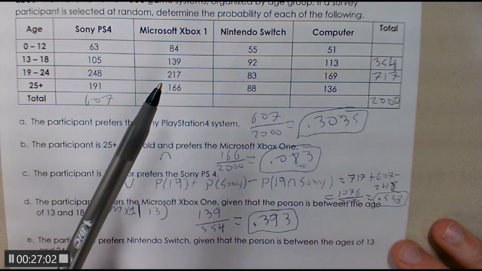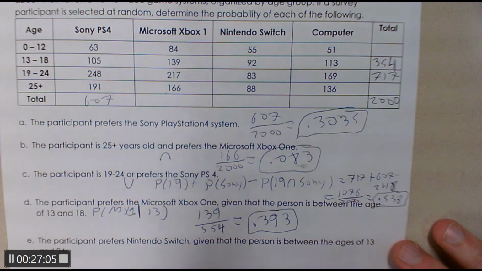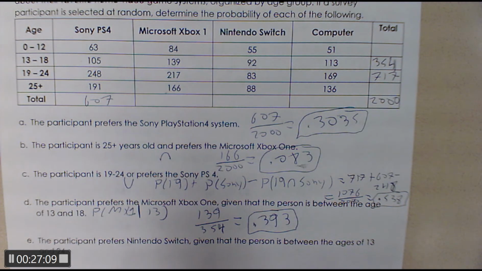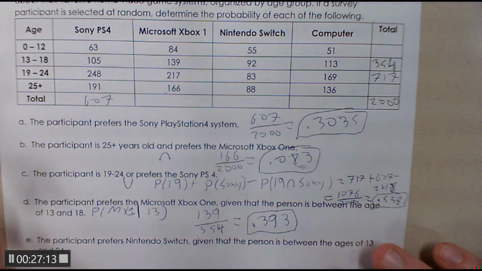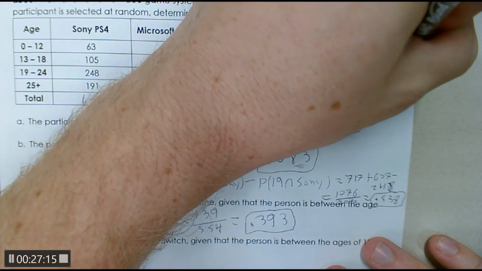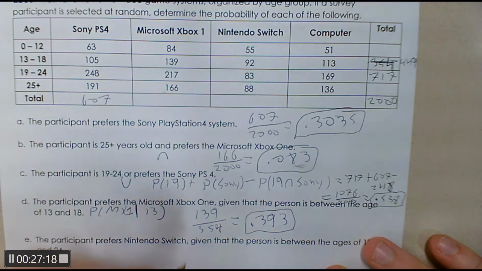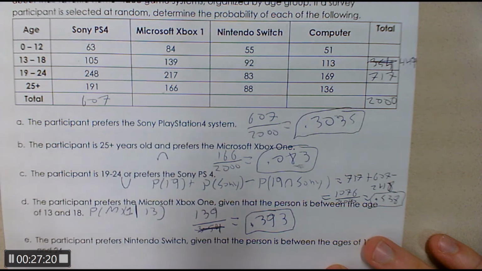It's not 354. I don't know how to add. I miscalculated on my calculator. 105 plus 139 plus 92 plus 113. This total should be 449. Okay, which means down here is 449.